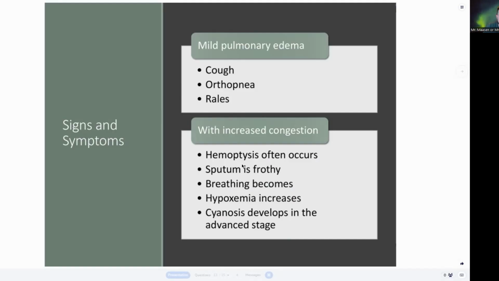Sputum, you may see hemoptysis, but probably going to see frothy sputum. So pulmonary edema, you think buildup of fluid, you think frothy, aerated, bubbly, almost like a bubble bath, but not really, but bubbly, aerated sputum. And then just difficulty breathing and cyanosis.